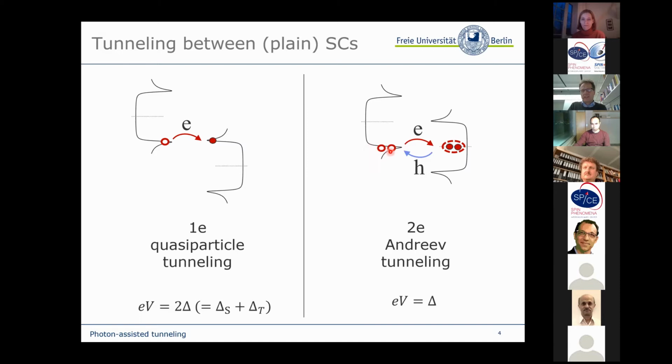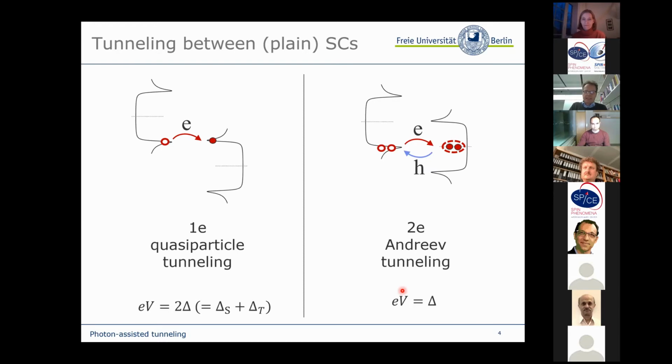Alternatively, you can think of this process as being an Andreev process in which an electron tunnels across and is reflected as a hole. So in this process, we have 2 electrons tunneling across, and both of them gain an energy eV. We create 2 quasi-particles, so we need an energy of twice delta. So this process already happens for voltages equal or larger than the superconducting gap.